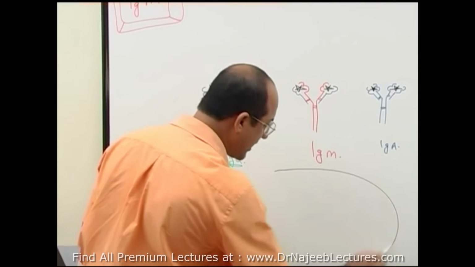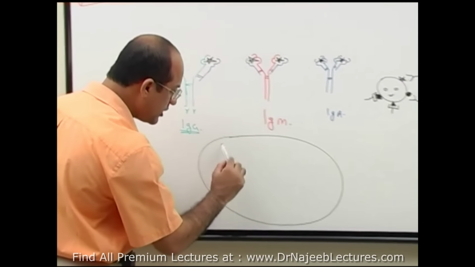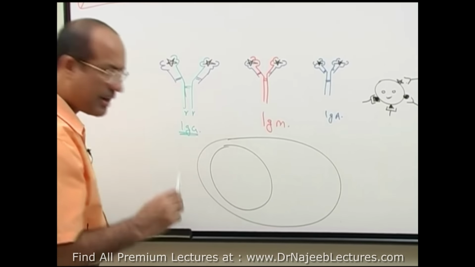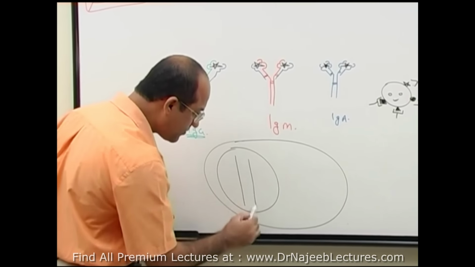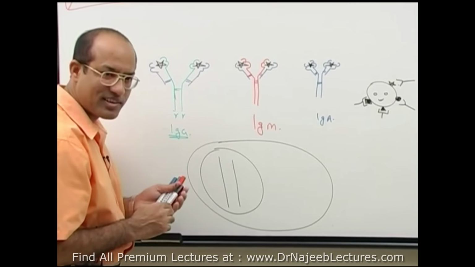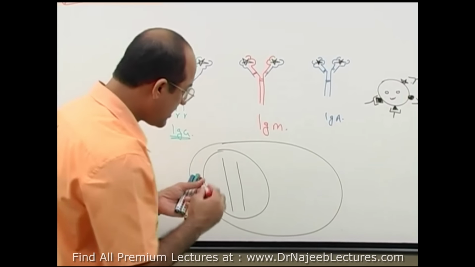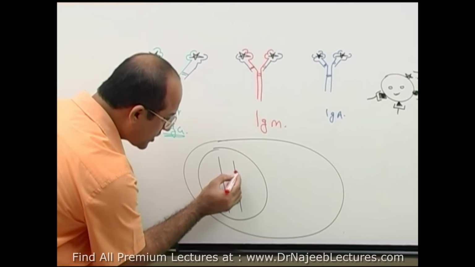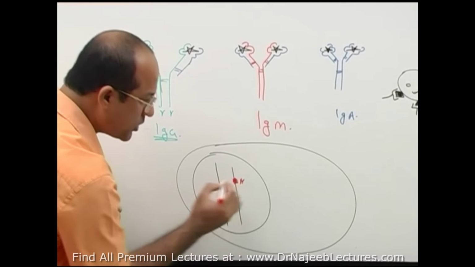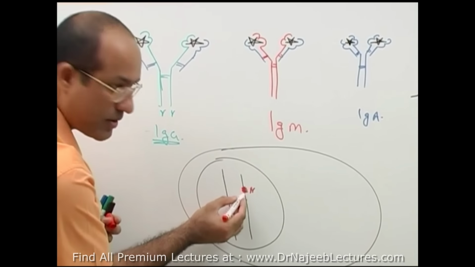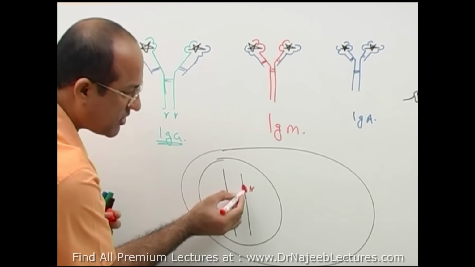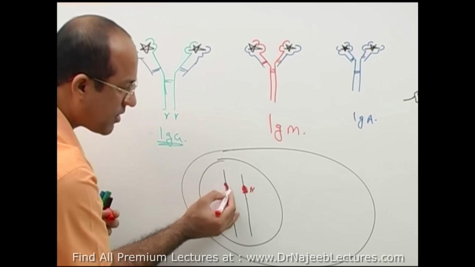Suppose this is a plasma cell, right? This is the nucleus of the plasma cell. Let's suppose here are the genes for the heavy chain. In the heavy chain, this portion will make which chain? Mu. When this part of the genetic material expresses itself, you make the mu heavy chain.